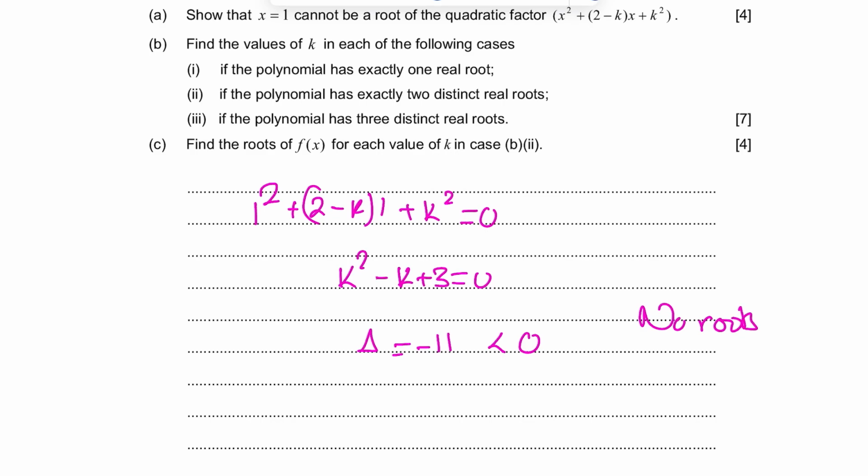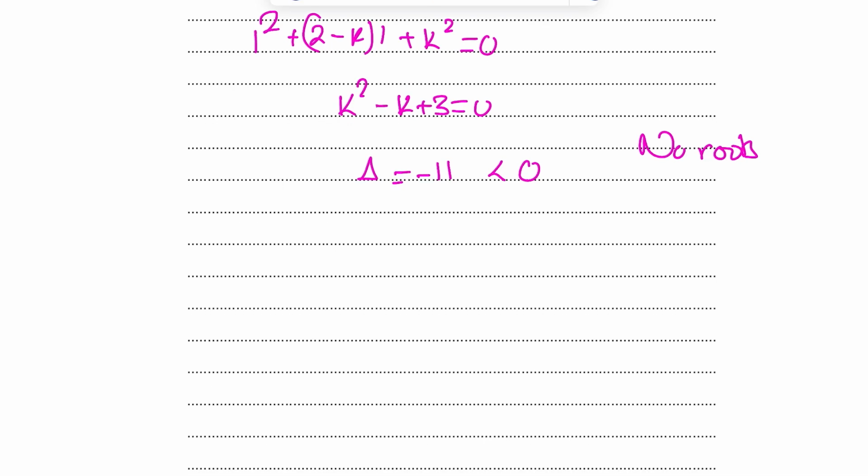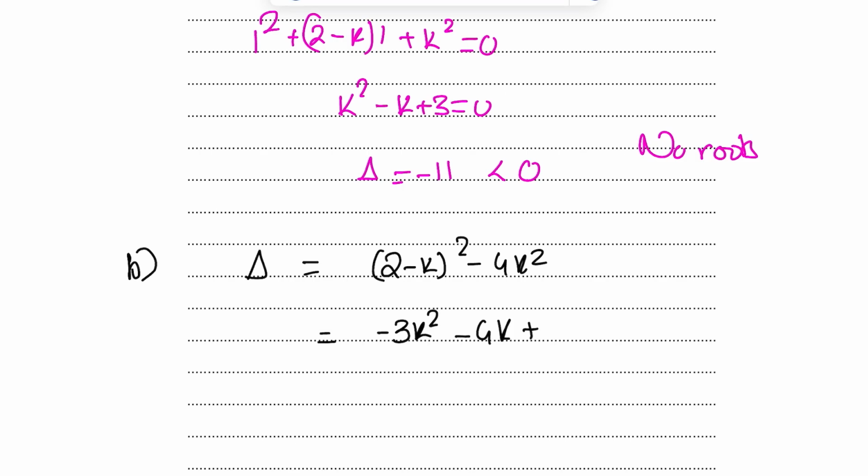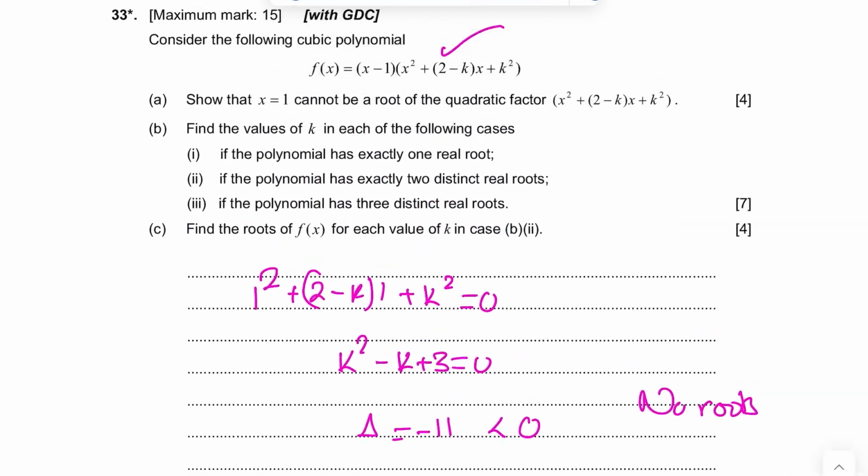Find the value of k in which of the following cases. If the polynomial has exactly one root, delta should be equal to, first of all, we'll find delta, which is 2 minus k whole square minus 4k square, which becomes -3k square minus 4k plus 4.